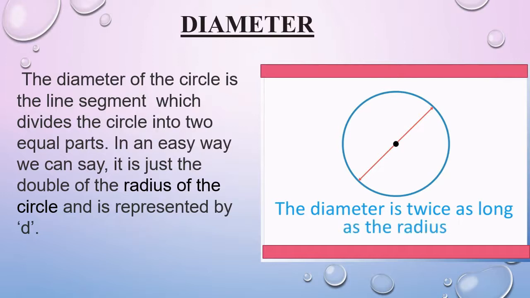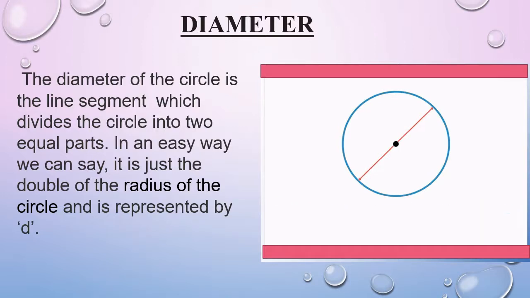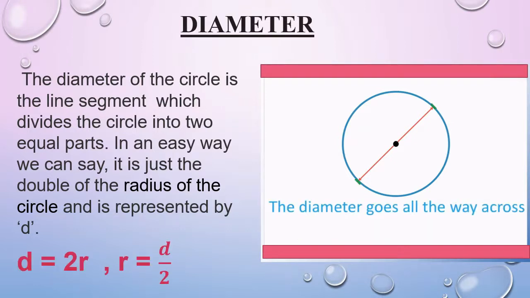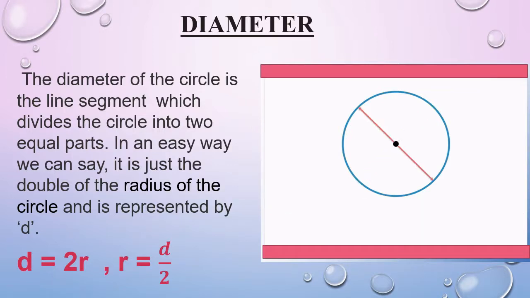We can draw countless number of diameters in a circle. d is equal to 2r. Diameter is the double of the radius.